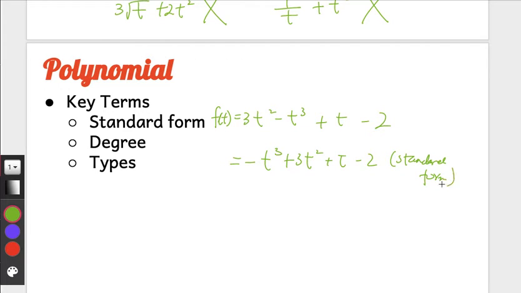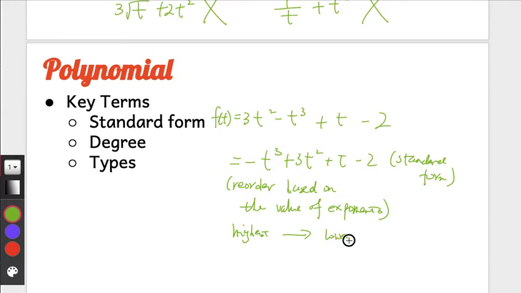It's really nothing fancy for this one. We just reorder based on the value of the exponent, from the highest to the lowest. Sorry for my handwriting. And we always put the constant term at the end.